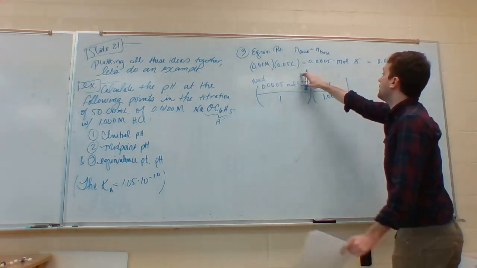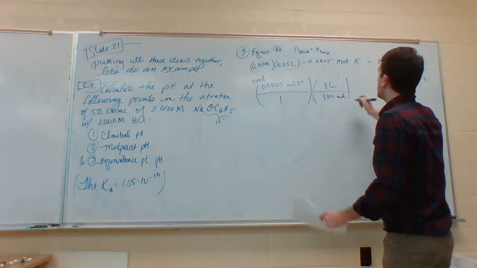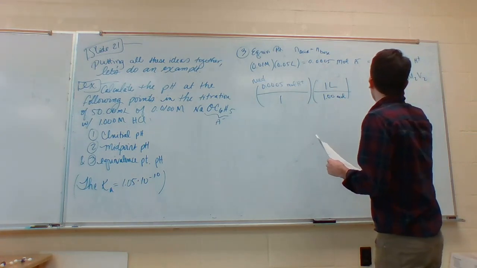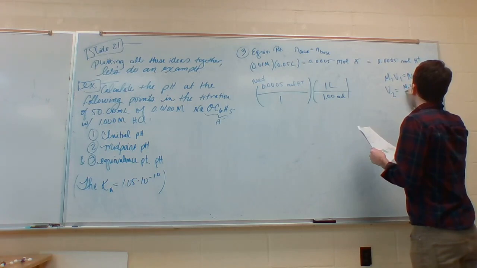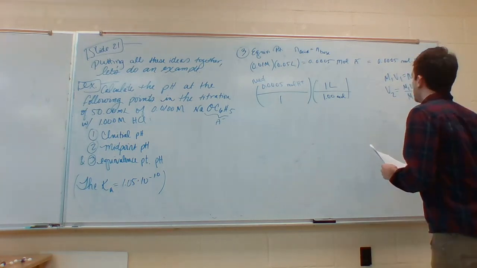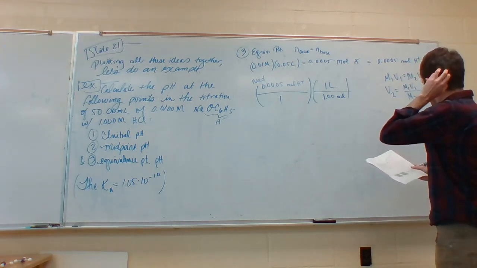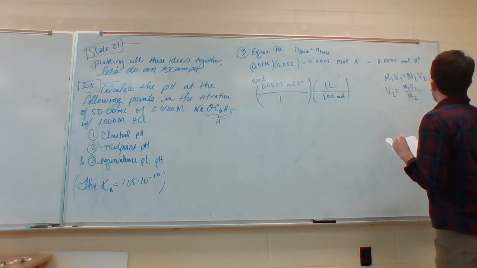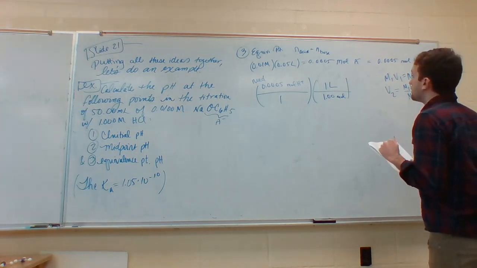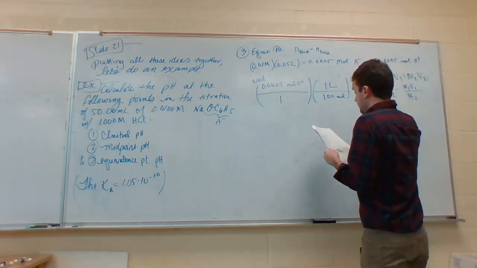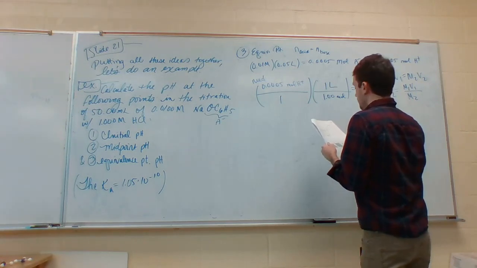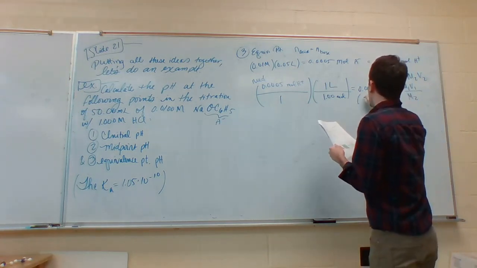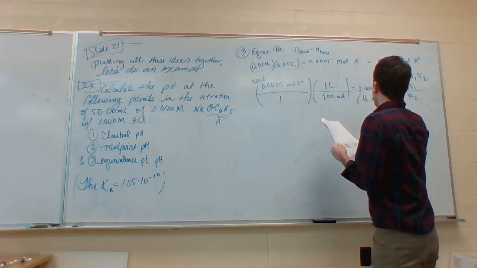Here is our M1 V1, this is our M2 V2. So if I want my volume 2, then that's going to be M1 V1 over my M2. So this would give me 0.0005 liters, or half of a milliliter.